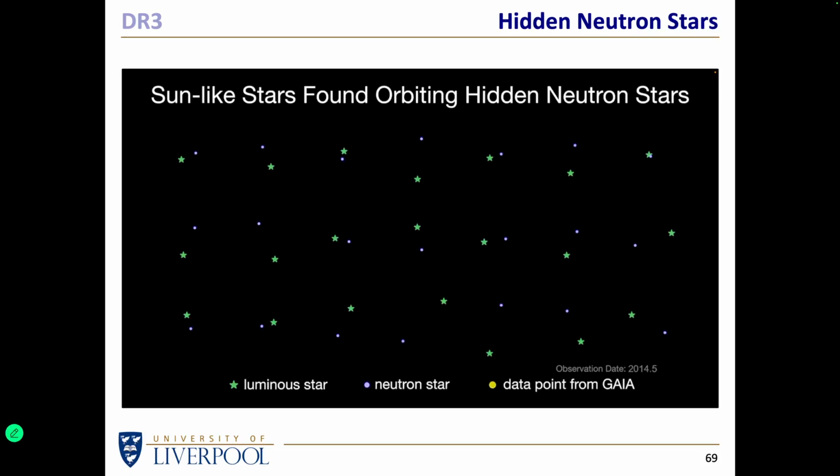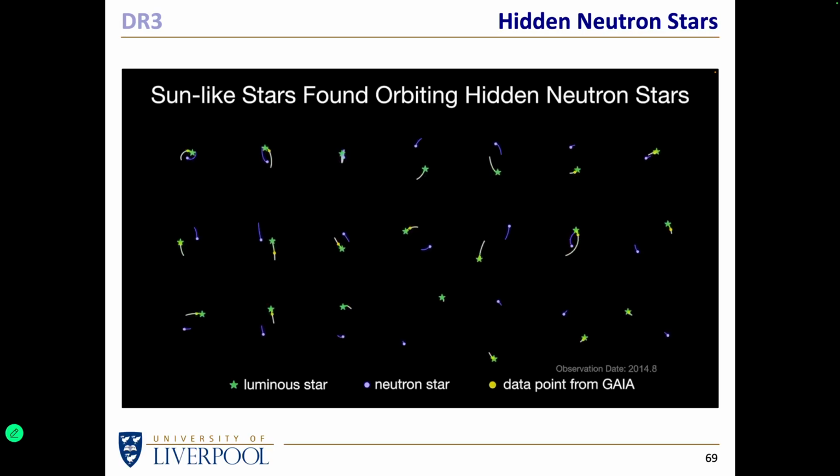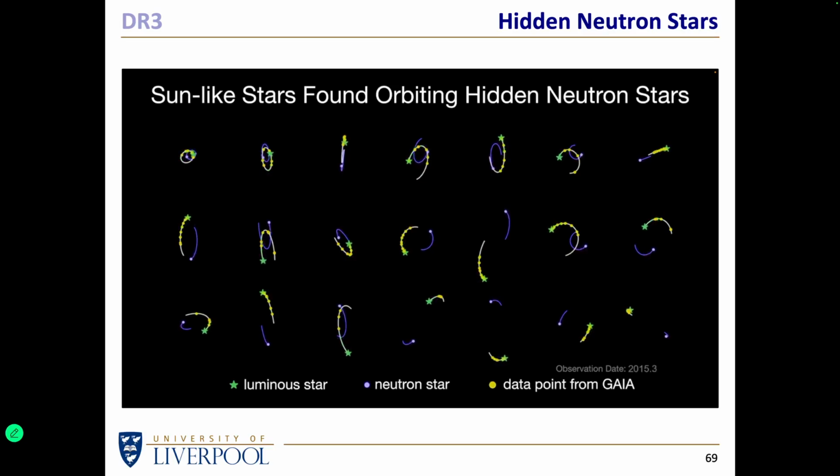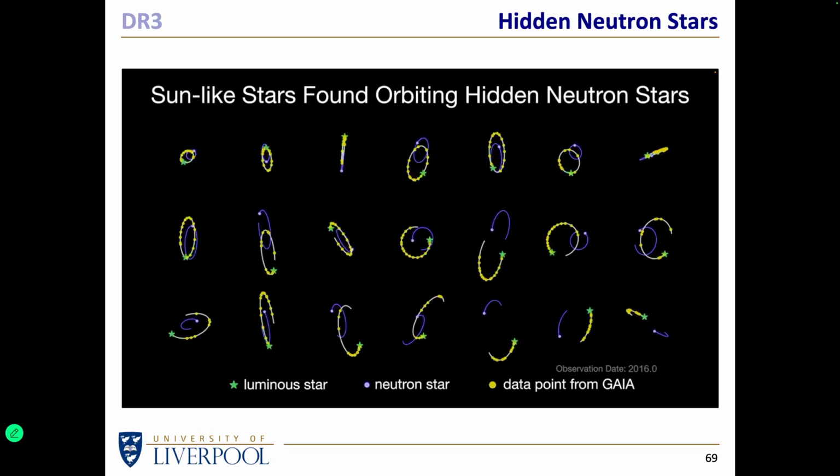Along the way, we found a few surprises. For instance, we found a few sun-like stars that seemed to be orbiting, well, nothing in particular. We found stars that, even after accounting for their motion around the Milky Way, even after accounting for parallax, still seem to be making small elliptical orbits around something we couldn't see.